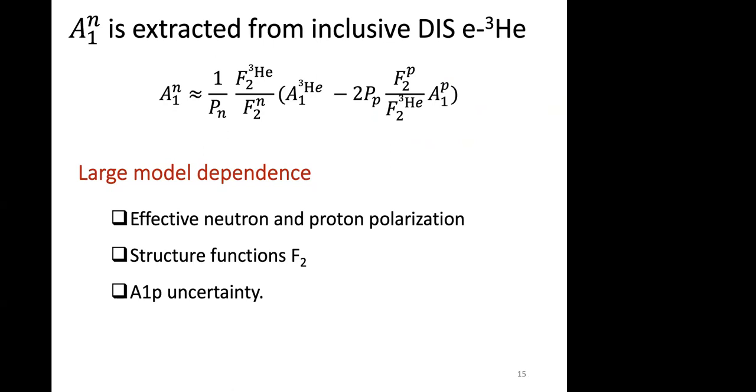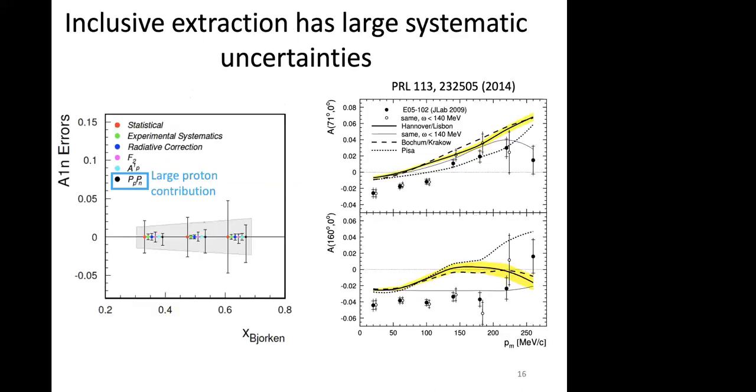So the uncertainty on this extraction is the combination of all the systematic uncertainty from all of these models in the extraction process. Now, if we break out the different contributions of the model-dependent uncertainty on the A1N extraction, the toy picture is shown here.